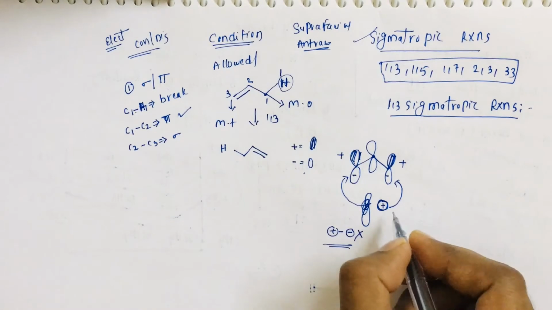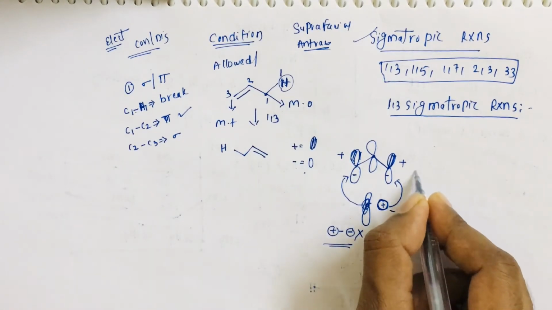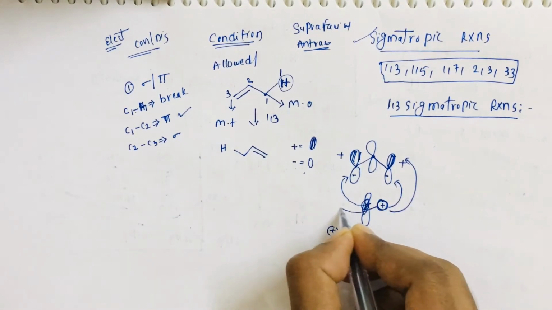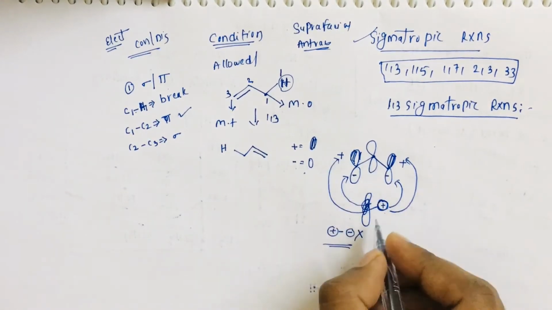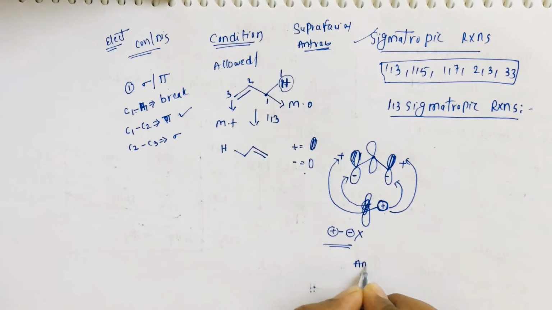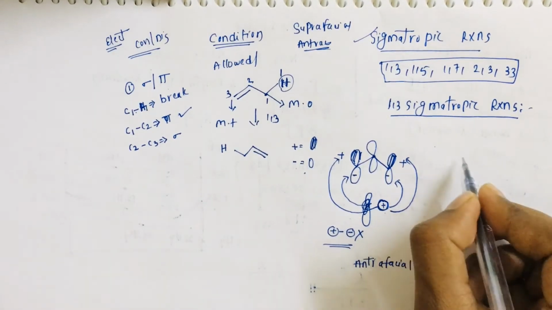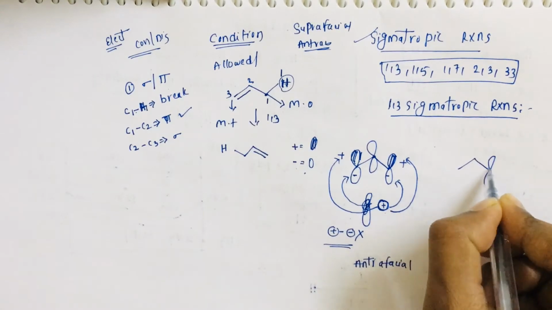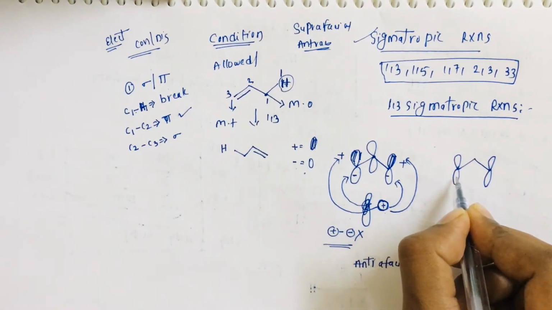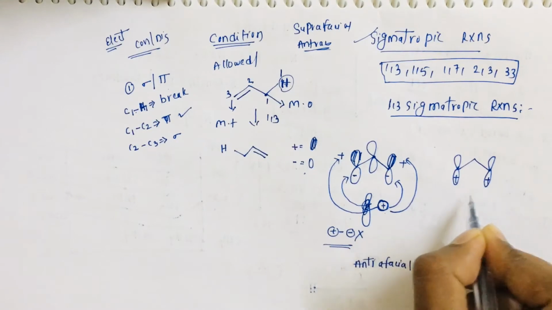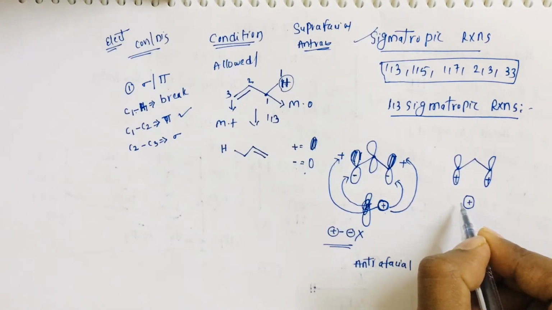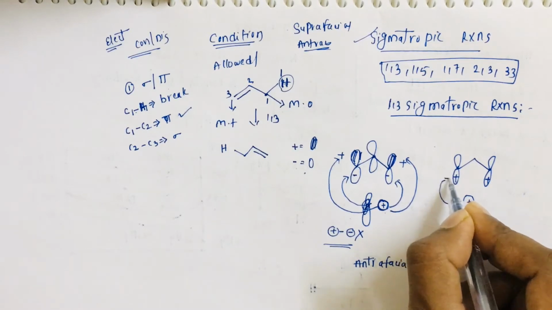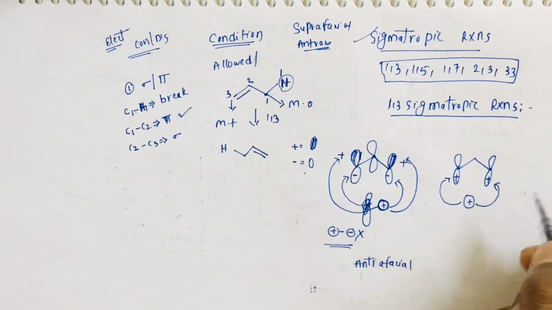Now this positive attacks this positive, so this is allowed, and this attack is called antifacial. I will explain why now. Imagine in another case we have a positive charge here, and here also, and here also, and now this can attack this and this can attack this.